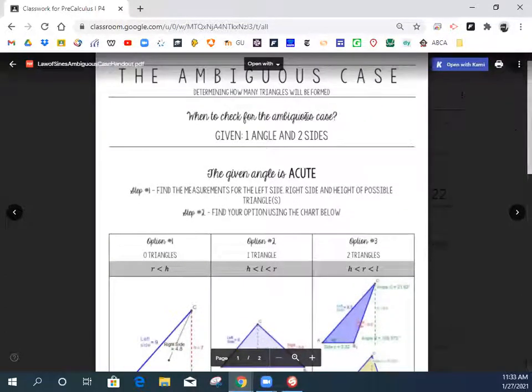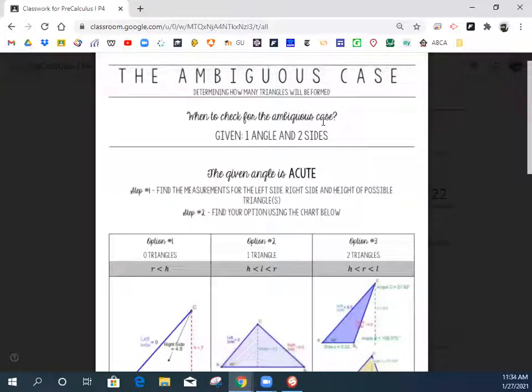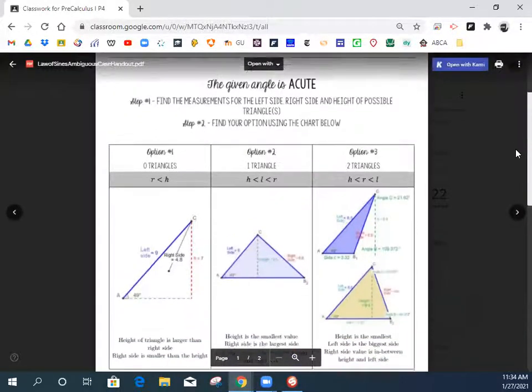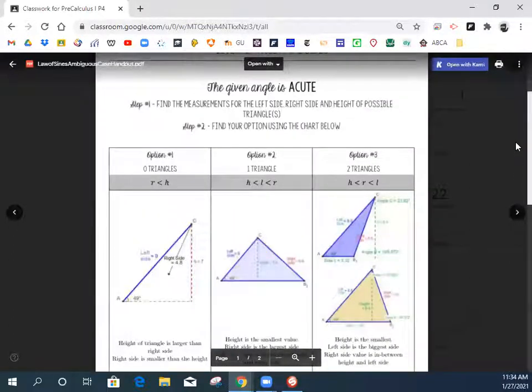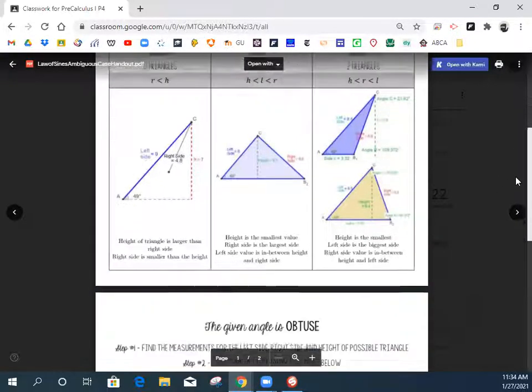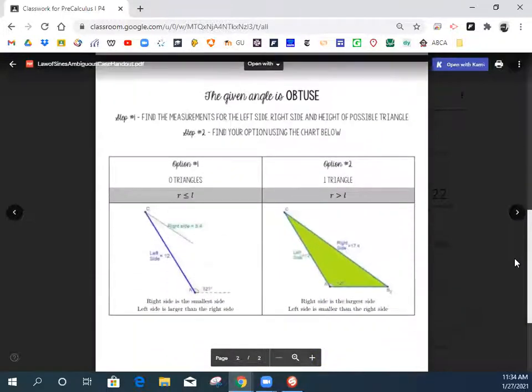And it should say given one angle and 2 sides where the angle is not in between those 2 sides, because if it's side angle side, we do something else. If the angle is acute, then that's when you have to compare the opposite side to the height. If it's obtuse, then you don't have to find the height.